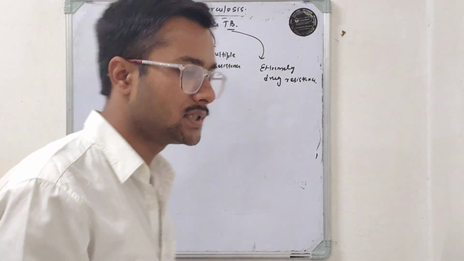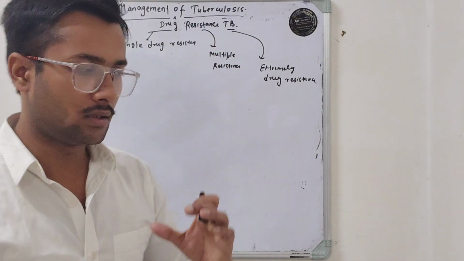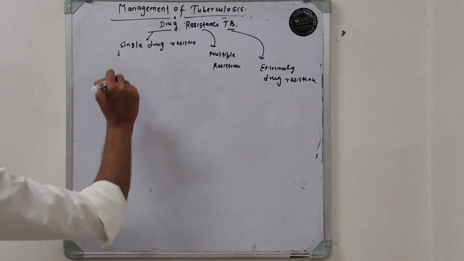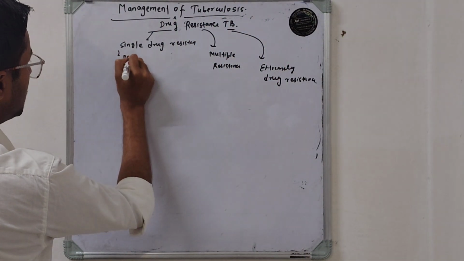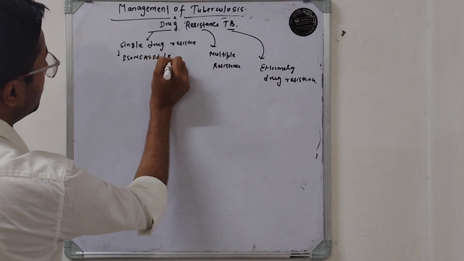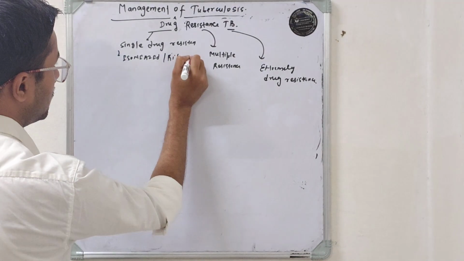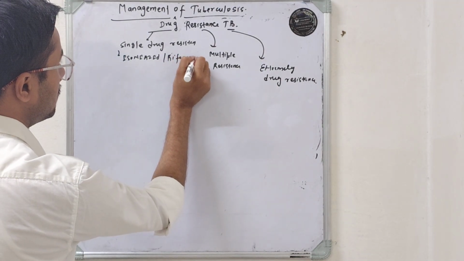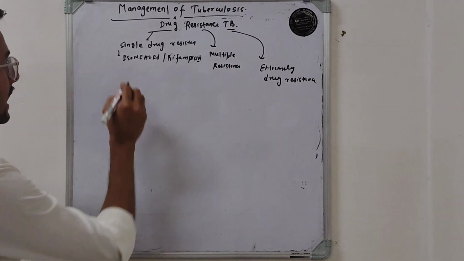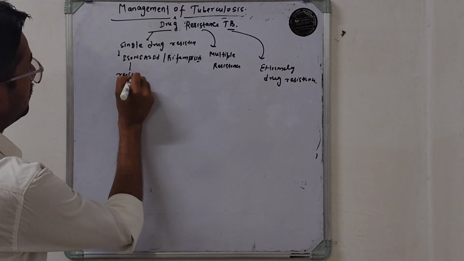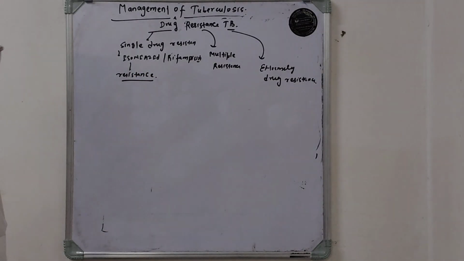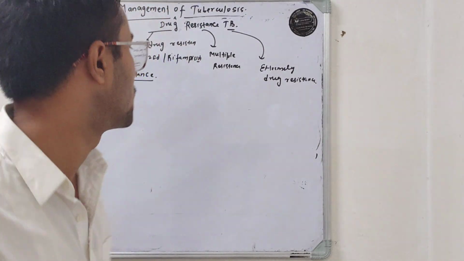Single drug resistance means the patient has resistance to only one drug, normally either isoniazid or rifampicin. So what do we do if a patient has isoniazid resistance? What is our treatment approach?